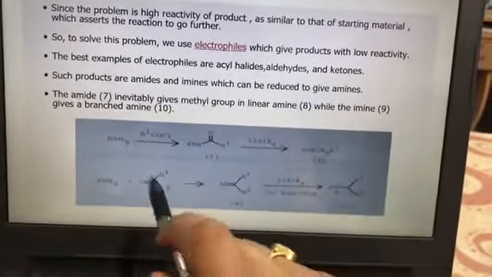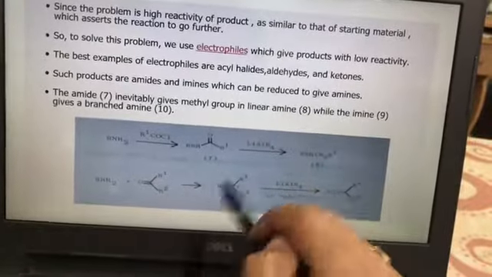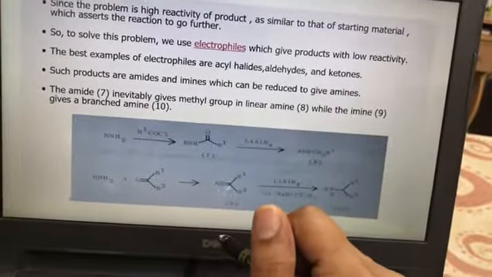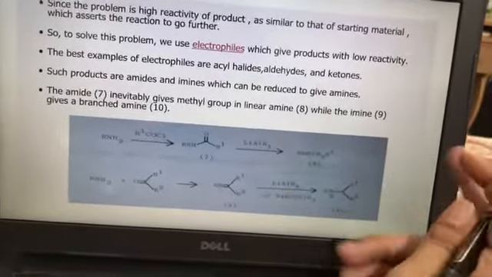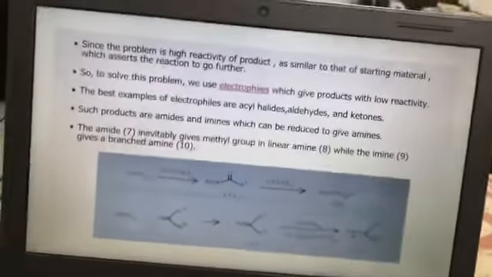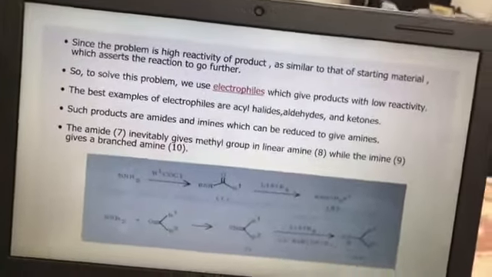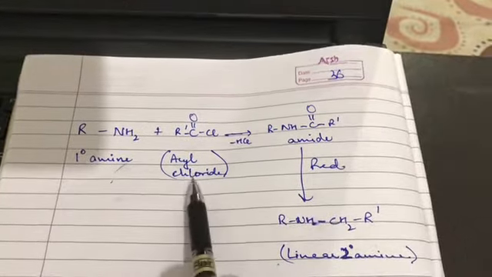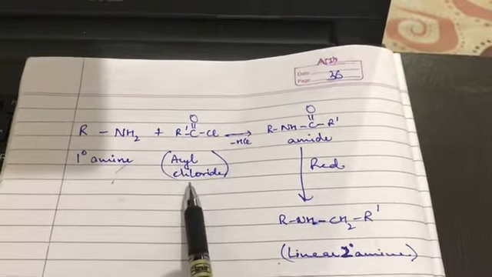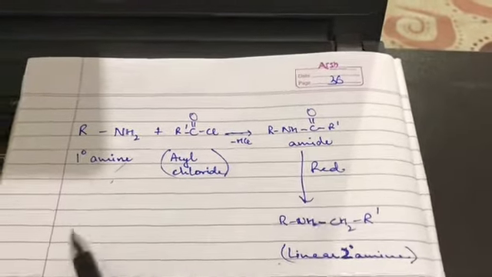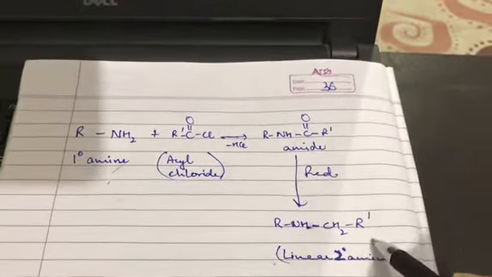Electrophiles like acyl halide, aldehyde, and ketone give amides or imines, which give us amines as product, which are lowly reactive. So we used a 1 degree amine and reacted it with acyl chloride. It gave us an amide, and on reduction we obtained a 2 degree amine from a 1 degree amine, and the reaction stops here.